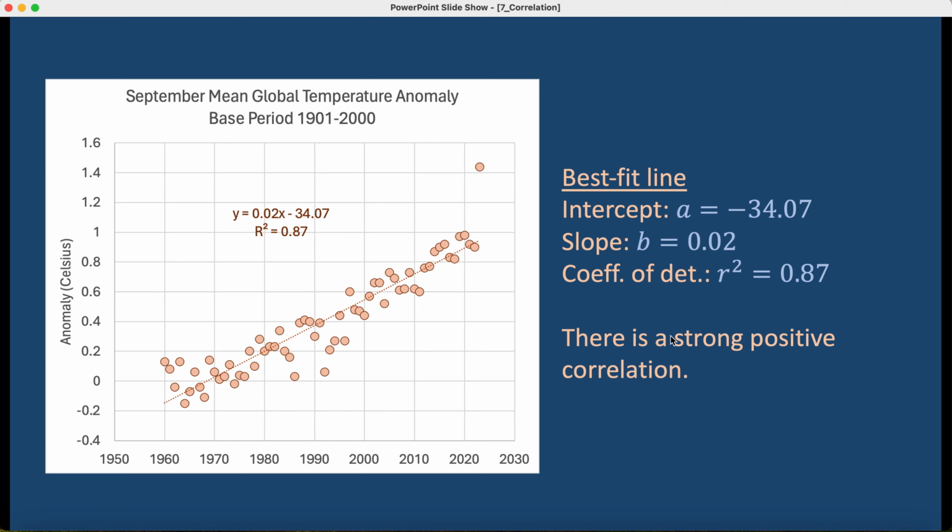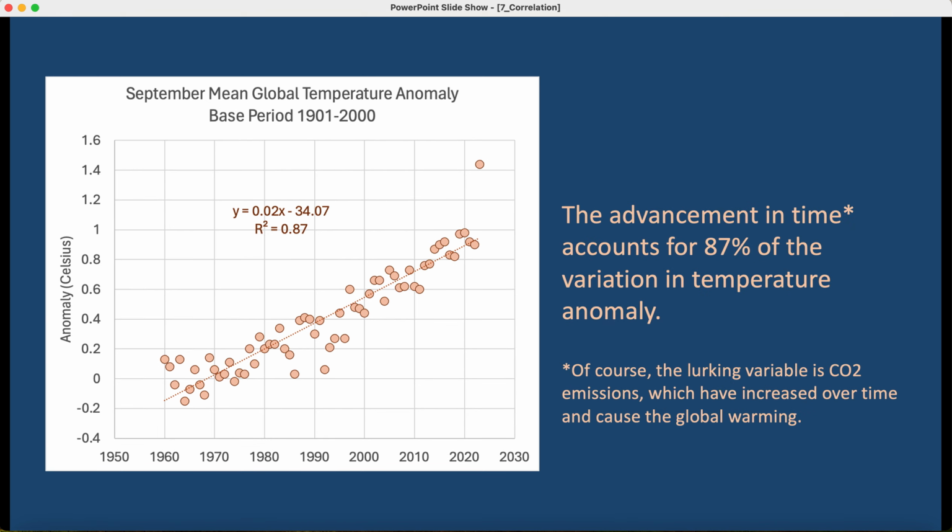So we can say that there is a strong positive correlation here. As time goes on, 87% of the variation in temperature anomaly is explained by this linear relationship.